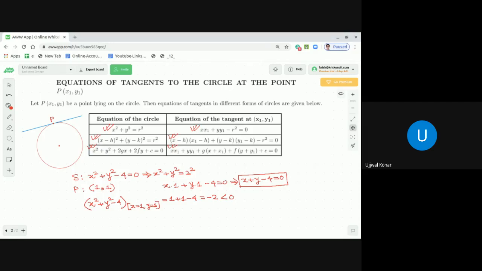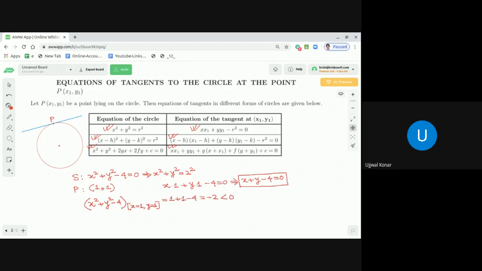That line can only be a tangent if the point is on the corresponding circle. It doesn't mean that the line has to go through that point x1 comma y1, which I said in one of our statements a few minutes back. That is not a correct statement. That is wrong. I repeat, whatever straight line you see in the second column represents a straight line, and that straight line will qualify to be a tangent to the circle only if the point is on the circle.